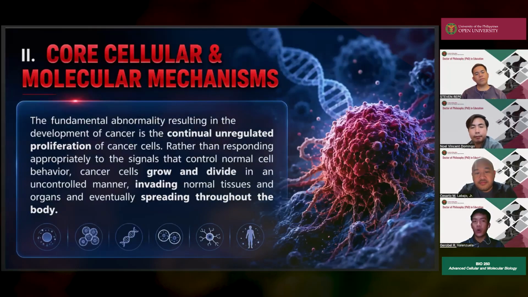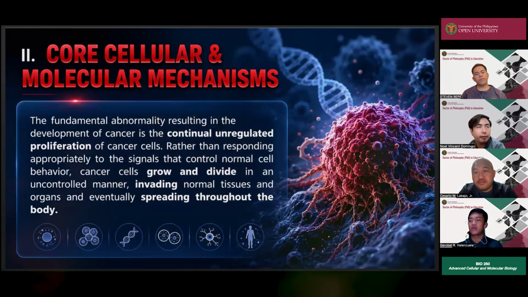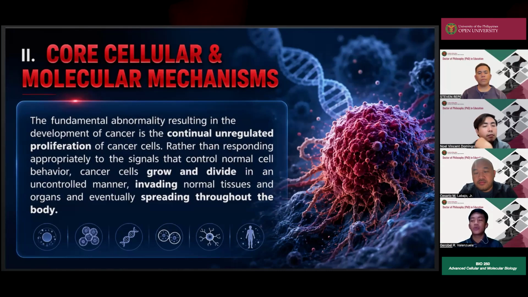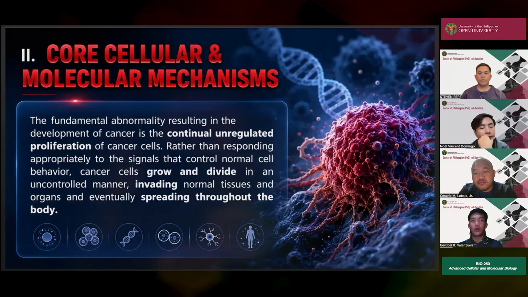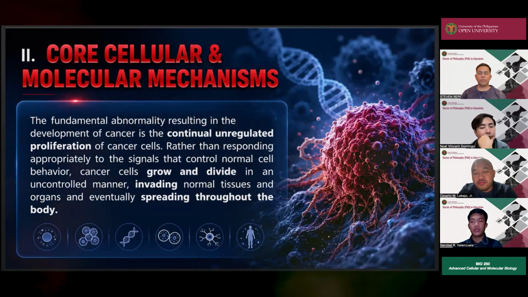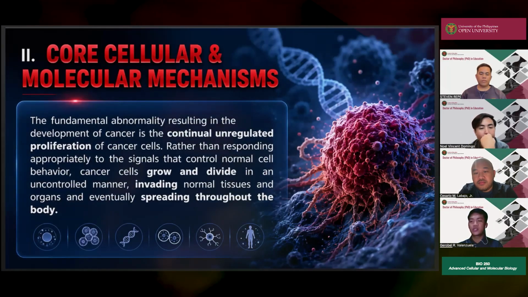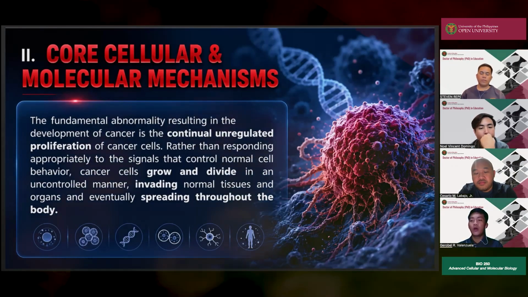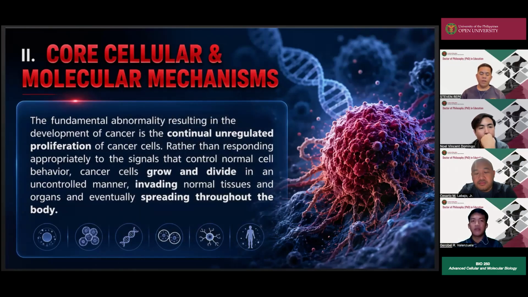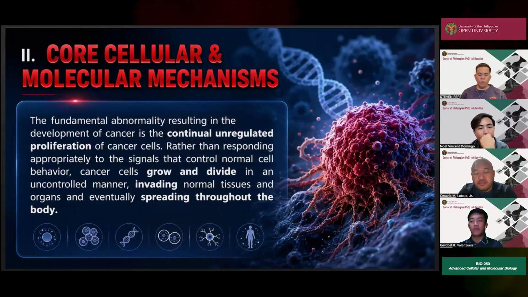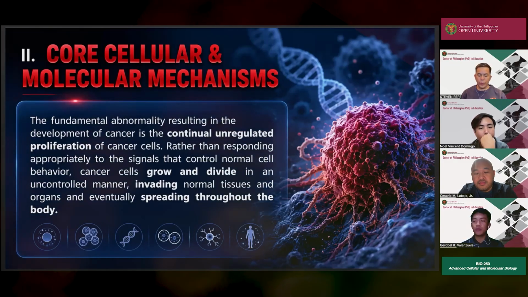So what is the core of cellular and molecular mechanisms? Cancer begins when cells lose normal control over growth and division. Instead of responding to the body's normal signals, cancer cells continue to divide, avoid cell death, invade tissues, and develop the ability to spread.